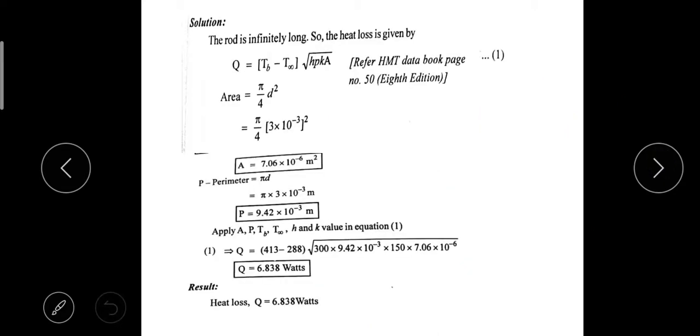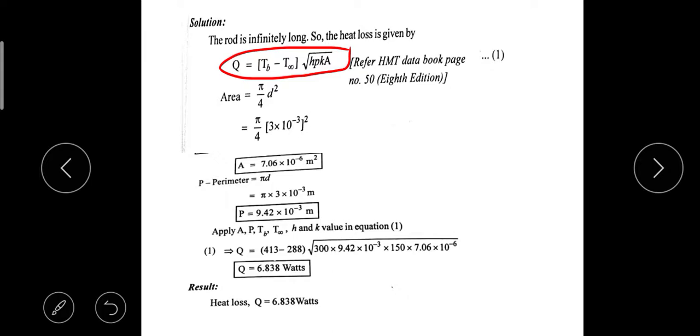Now this formula is used for our infinitely long fin. The formula is also available in the HMT data book, page number 50. So don't forget that this formula is used for the infinitely long fin.